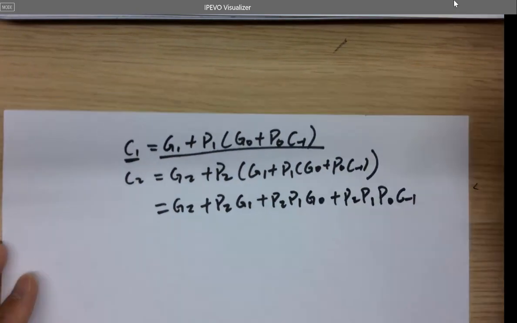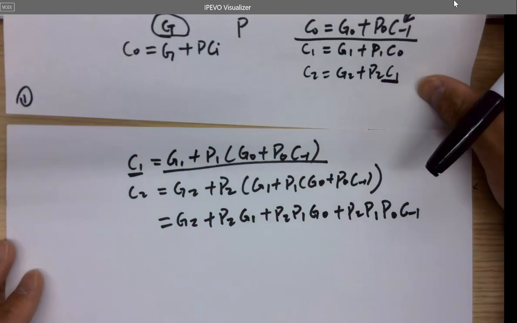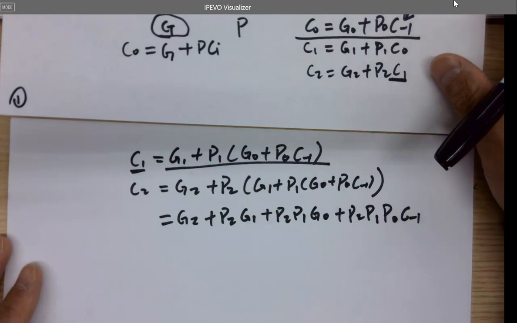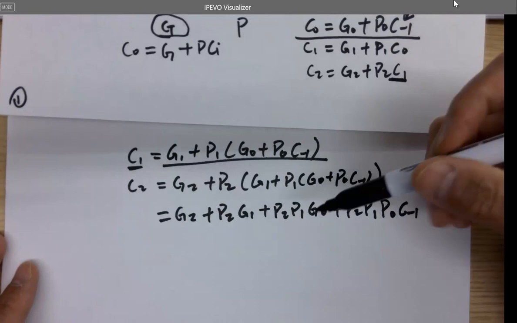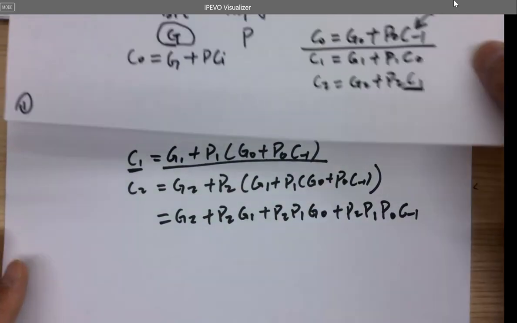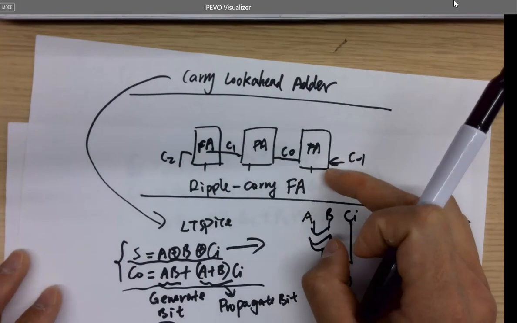Okay, now you know the logic equation, and you can just use the logic gates in your device to build this circuit and compare whether this one can get C2 a little bit faster than the ripple carry adder. So we need to build the ripple carry adder in LTspice as well.